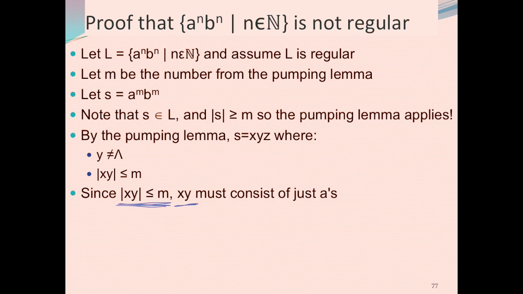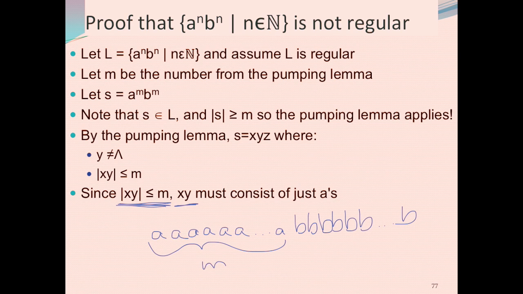Remember, I had a bunch of A's followed by a bunch of B's, and there's M of these and M of these. So if the number of letters in xy is at most M, then the biggest xy could be is all these A's. So xy has to just have A's in it.